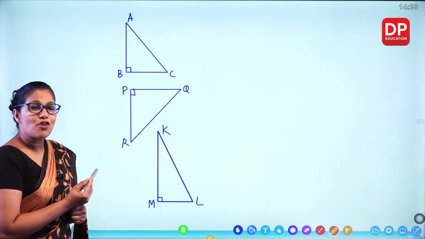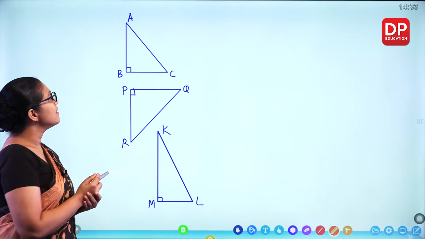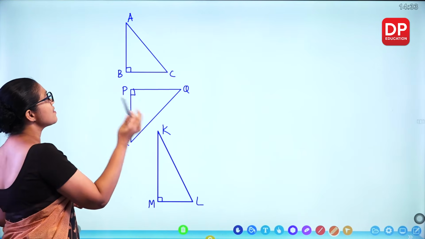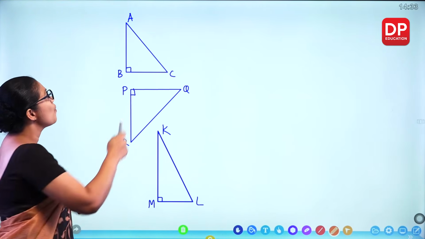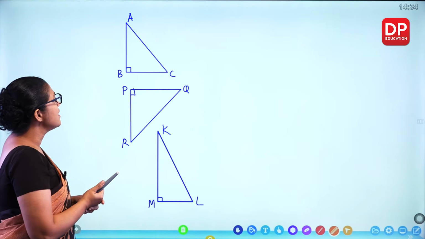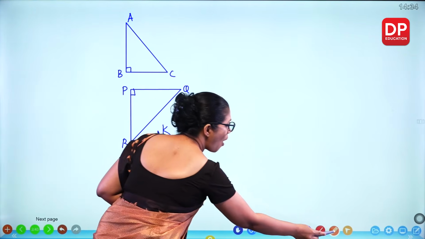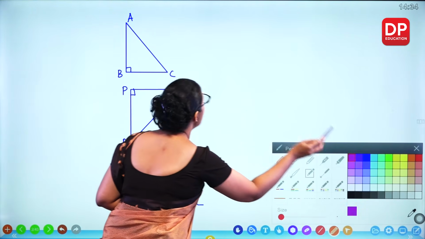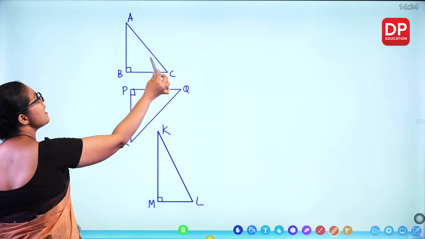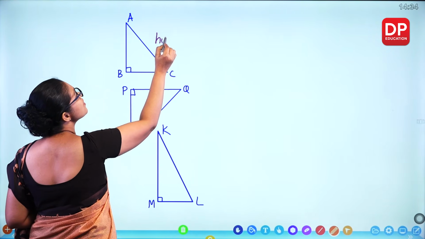Now look at this triangle, ABC triangle. Here the right angle is marked. Before we start Pythagoras theorem, we need to identify the sides. The side opposite to the 90-degree angle, AC, is the hypotenuse.